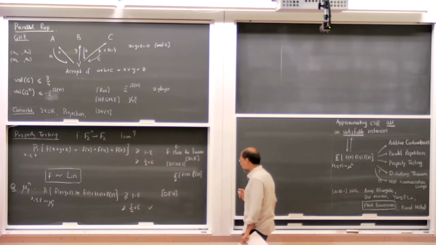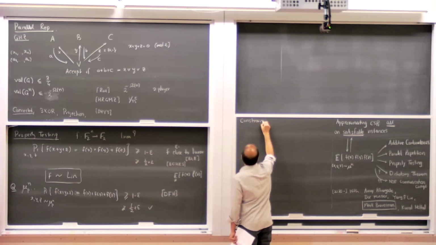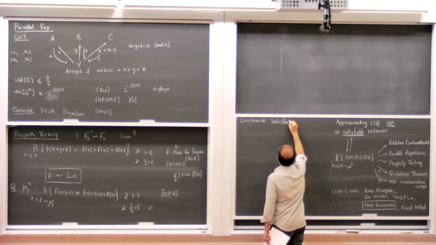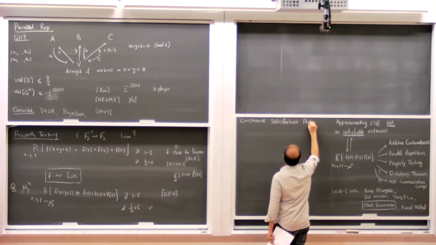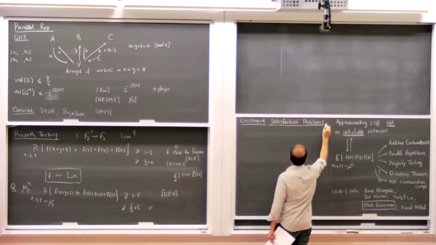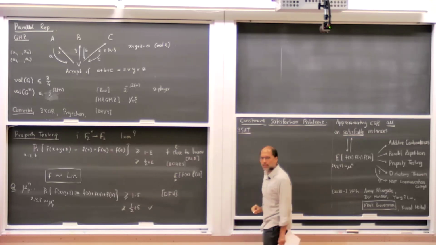So that's the question. So let me explain the question. So what are CSPs, or constraint satisfaction problems? This is a very natural family of computational problems. In particular, 3-SAT is a CSP.